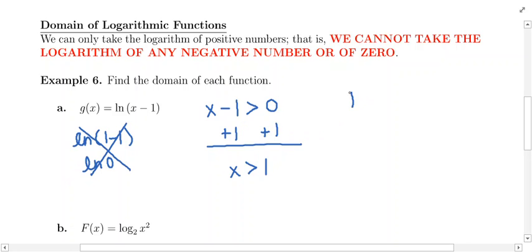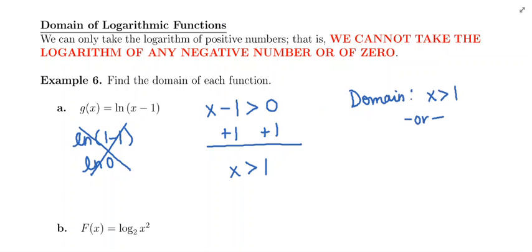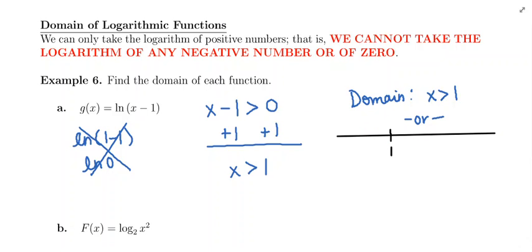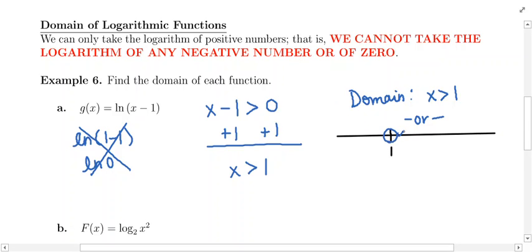If you wrote this as an interval, and if you still need to draw this out, please do it, here's 1. Your x values cannot be 1, but they need to be bigger than 1. So that's going to be from 1, excluding 1, to infinity. That's the domain.